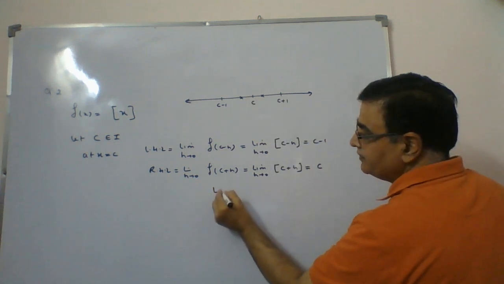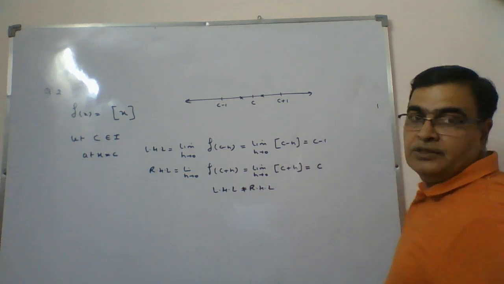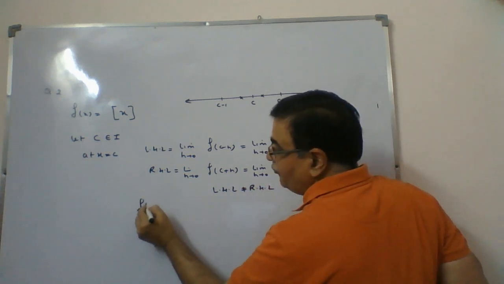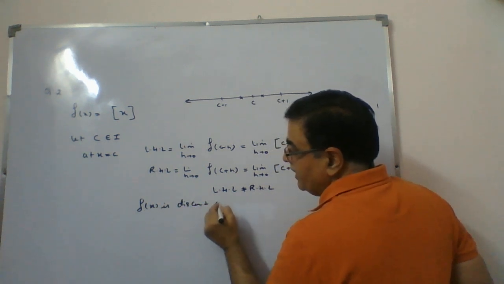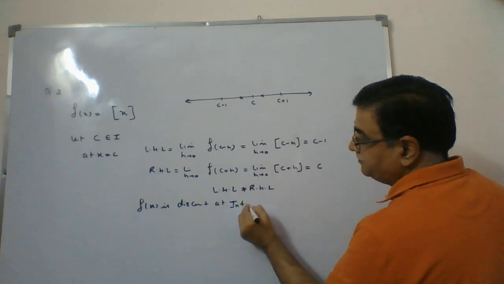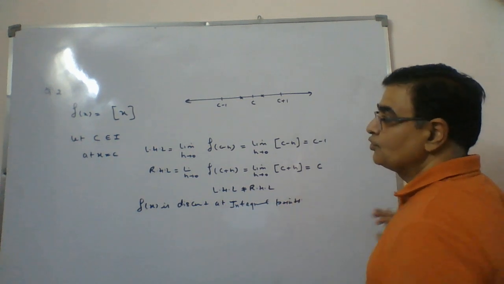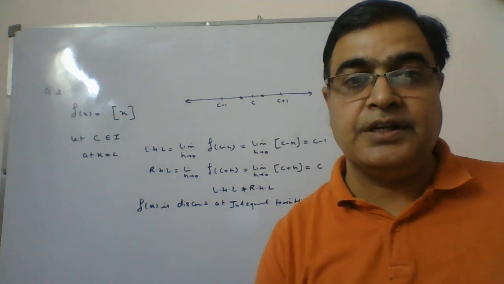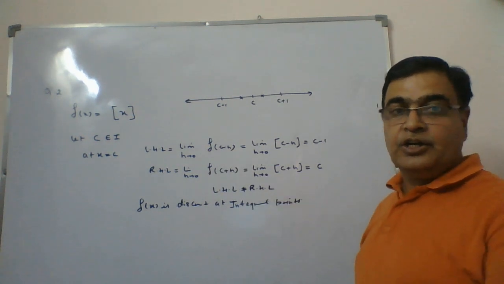So what I get in this case is the left hand limit not equal to the right hand limit. So we should say f(x) is discontinuous at integral points. So first thing we have decided is that this function is discontinuous at integral points.